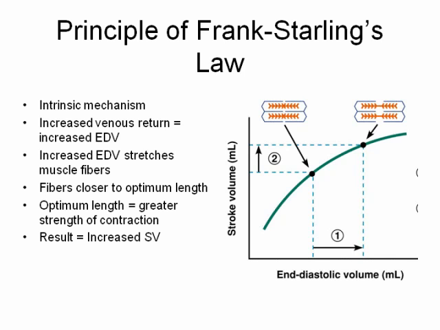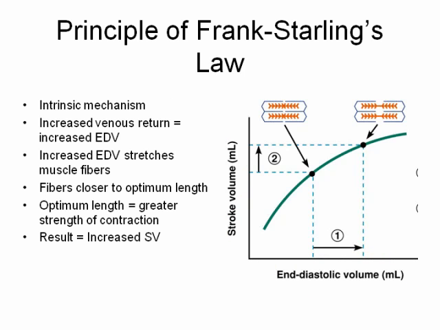Now the Frank-Starling law, or sometimes called the Starling law of the heart, is an intrinsic mechanism. It is related to the length-tension relationship that we've already discussed in terms of the skeletal muscle. The thing is that since the heart is not a linear type of muscle, the way skeletal muscle is, but it's circular, rather than talking about a length-tension relationship, we talk about an end-diastolic volume-stroke volume relationship.